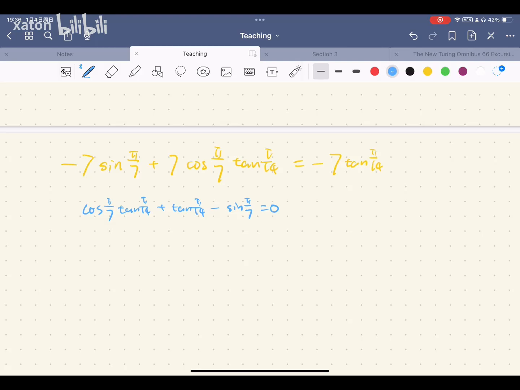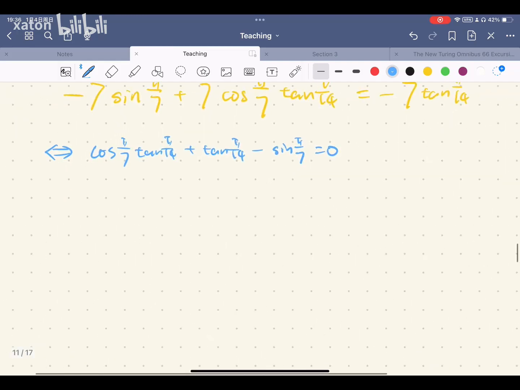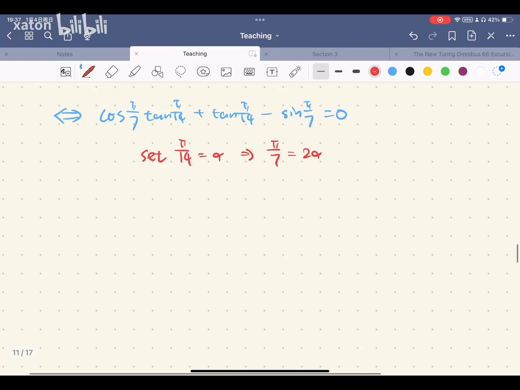I would say we just move everything to the left hand side, and now that we are going from what we want to something that clearly makes sense. For now, we set pi over 14 equal alpha and pi over 7 equal 2 alpha, which just simplifies our proof, and we can get a very general conclusion here.